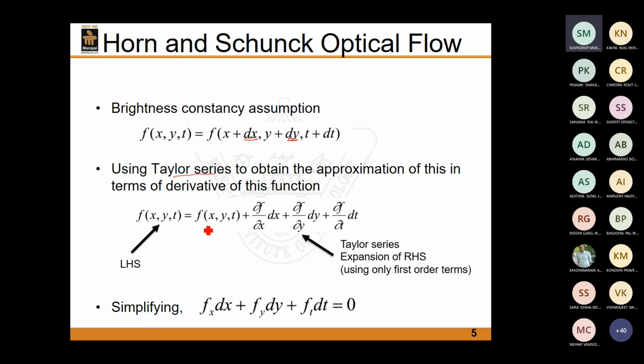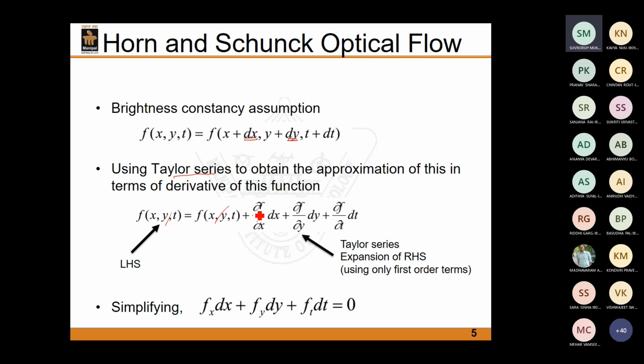You have the first term, f of x, y, t, and the second term is dou f by dou x into dx plus dou f by dou y into dy plus dou f by dou t into dt. The first two terms, f of x, y, t, are the same, so they cancel out, and you are left with this term.